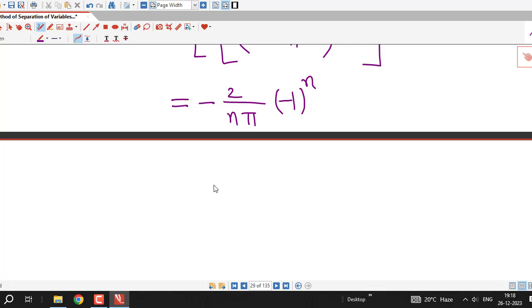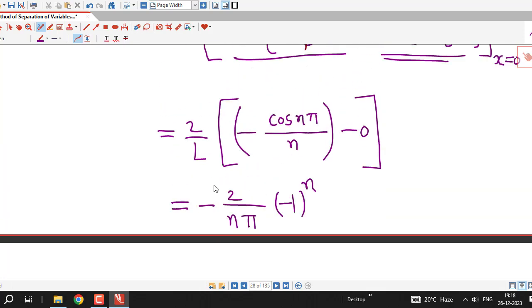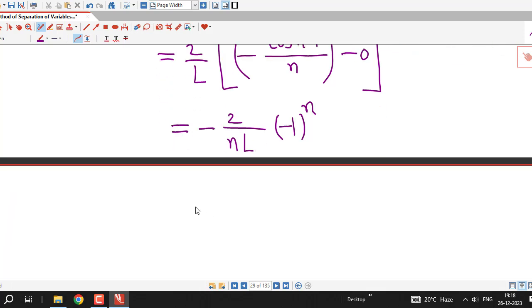And this I can rewrite as minus 2 by n into capital L into minus 1 raised to n, and this minus 1 I can combine with this minus 1. So minus 1 raised to n into minus 1, that is minus 1 raised to n plus 1.